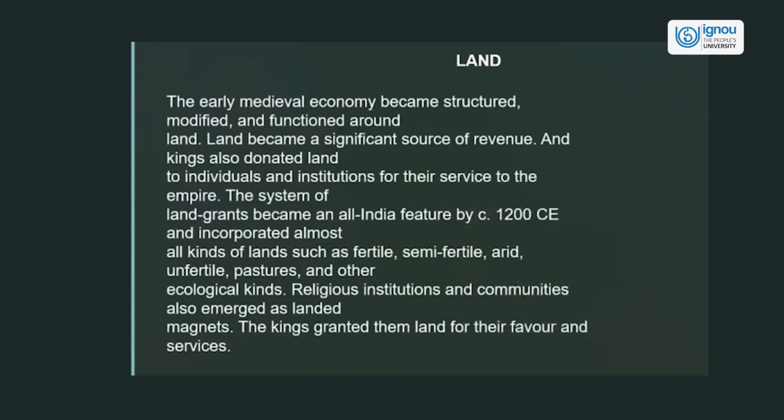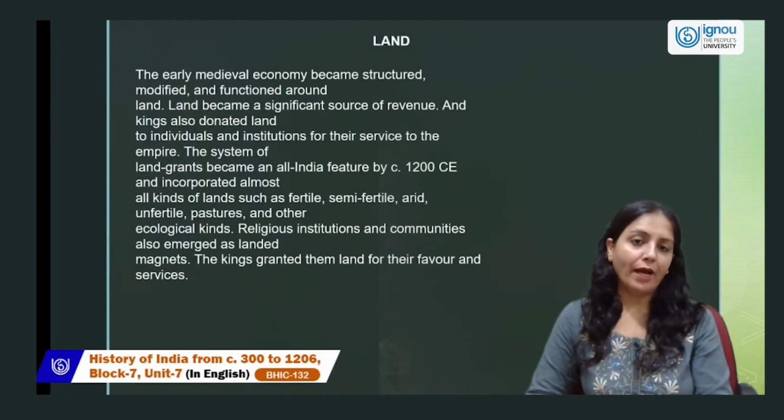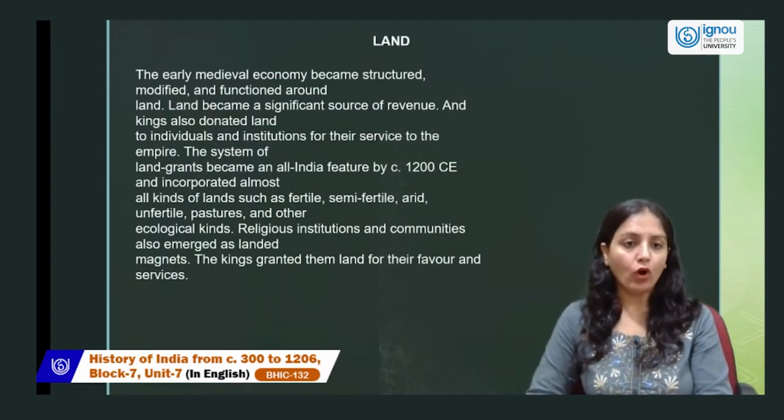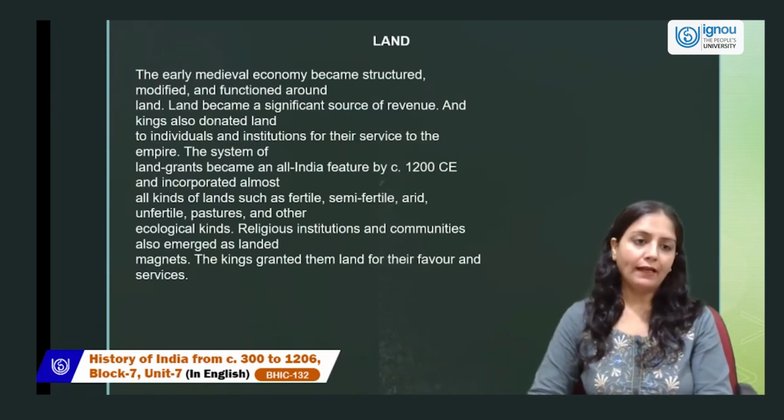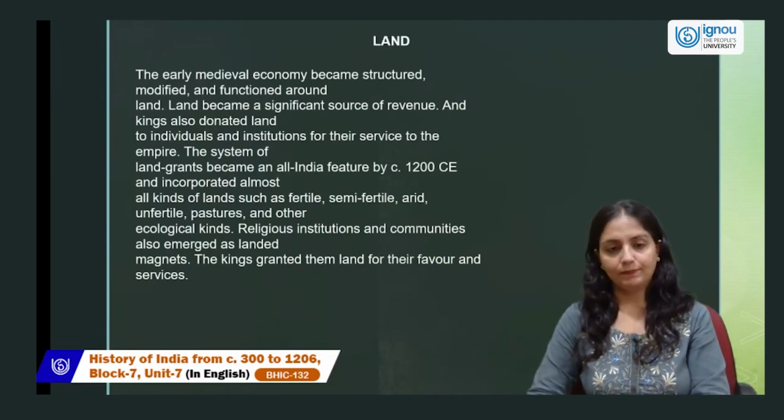And land became a significant source of revenue. Kings also donated land to individuals and institutions for their service to the empire, just as rulers had given land to temples and mosques for their publicity and service to the empire. The system of land grants became an all-India feature by 1200 CE and incorporated almost all kinds of land, such as fertile, semi-fertile, arid, unfertile, pasture land, and other ecological kinds of land.